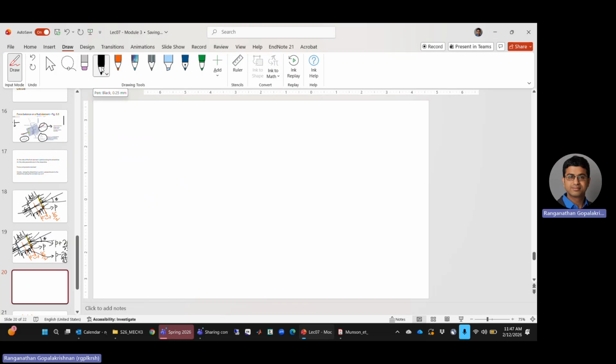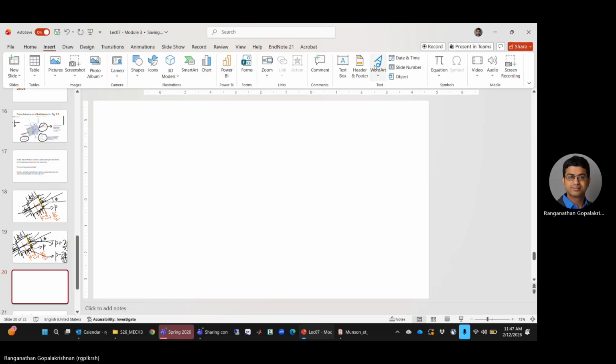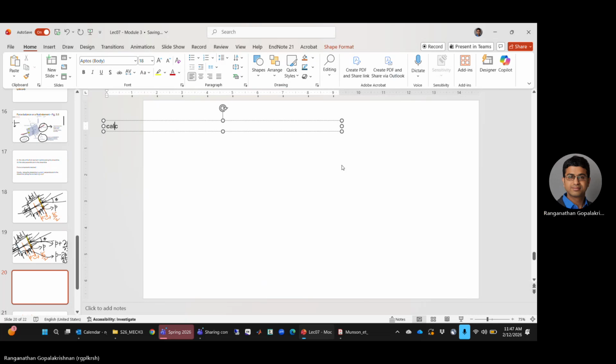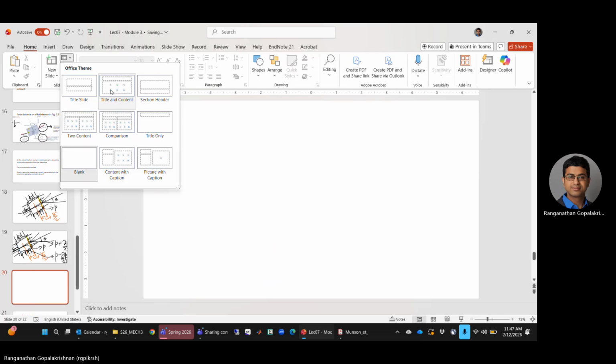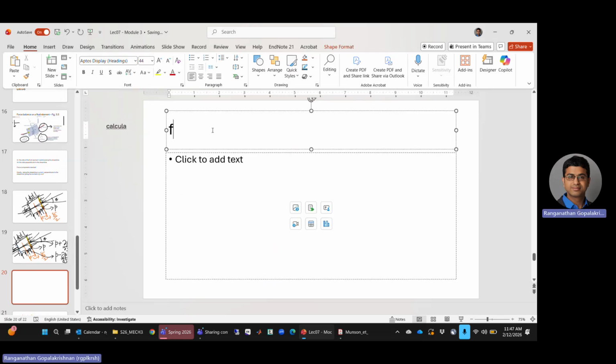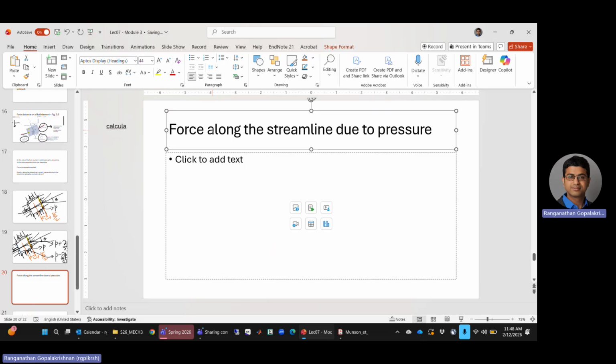So I'll say, let's do a calculation. The force along the streamline due to pressure. Look, the faster you answer this, we can skip to examples. So please tell me something so that we can go from there.